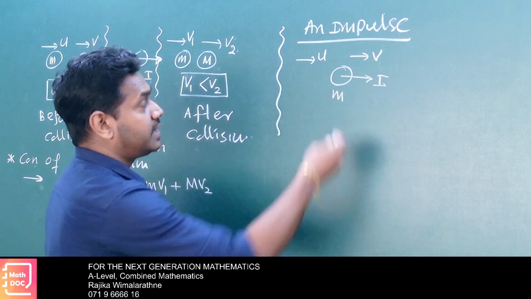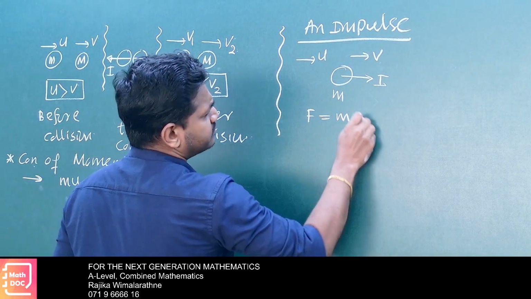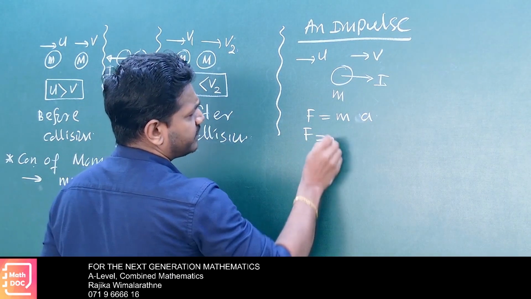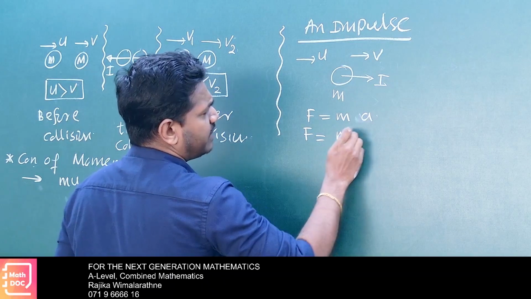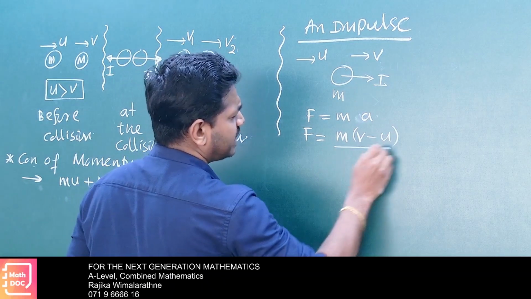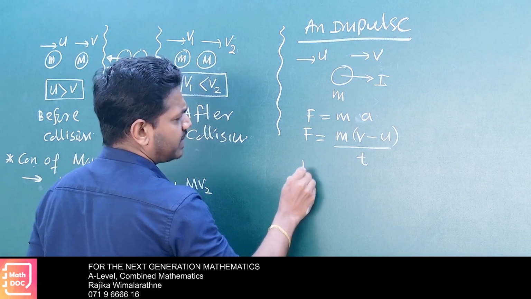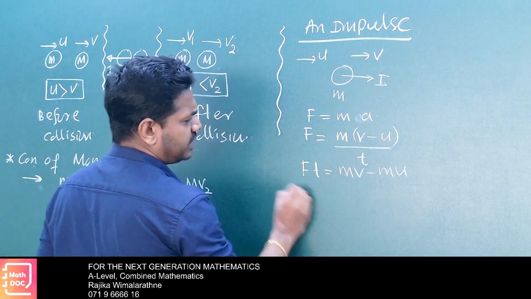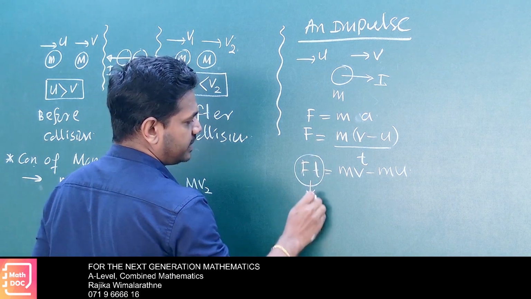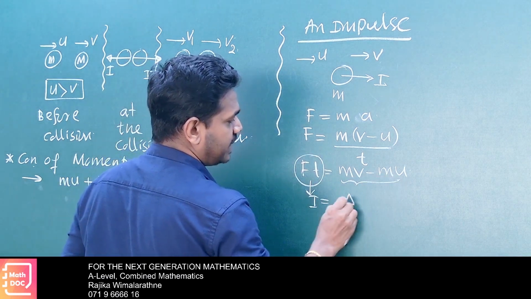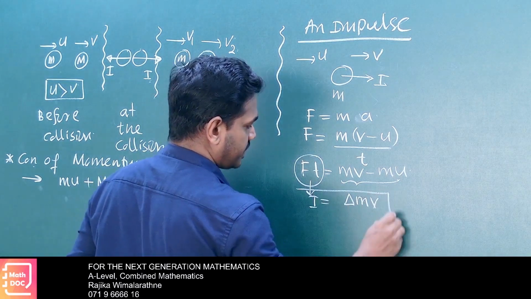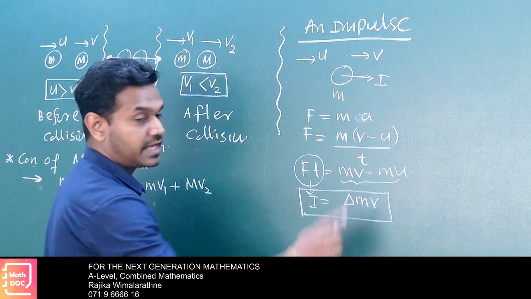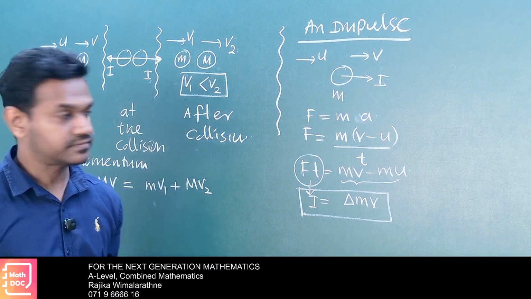Okay. Then you consider the F equals ma formula. Say F equals m into a, which is v minus u over a small time t. Then cross multiply: Ft equals mv minus mu. Ft we call an impulse, I. And for the right side we say delta mv. So this is our impulse formula: I equals delta mv.